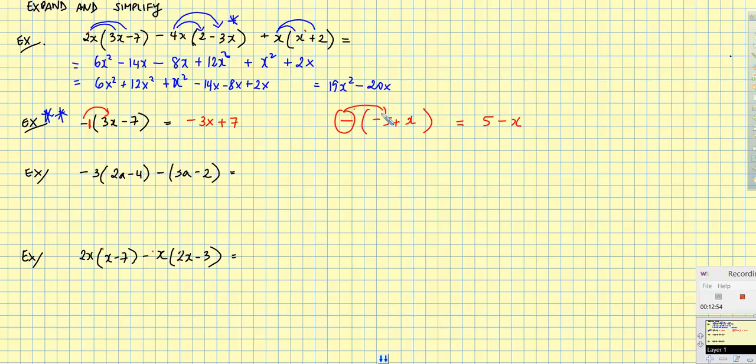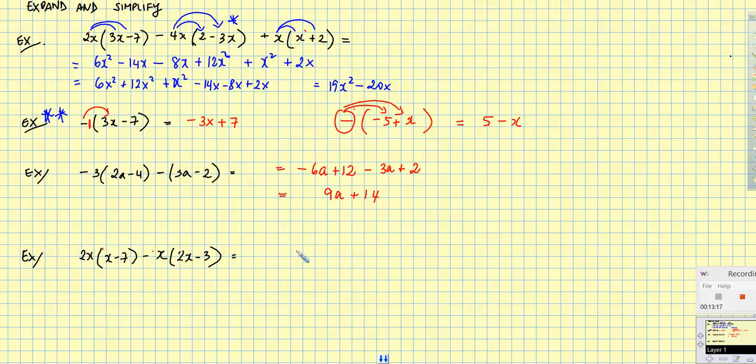A negative times a negative goes to a positive 5, and a negative times a positive goes to a negative x. All right, let's take a look at the next examples, so that we have negative 6a plus 12 minus 3a plus 2. And that ends up giving us negative 9a plus 14 by bringing together our like terms.